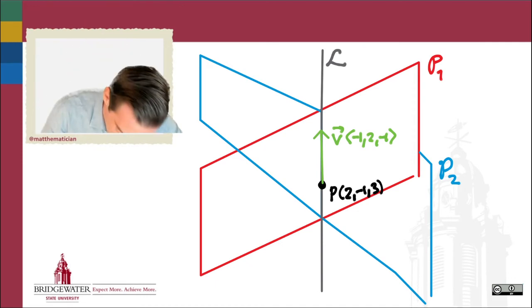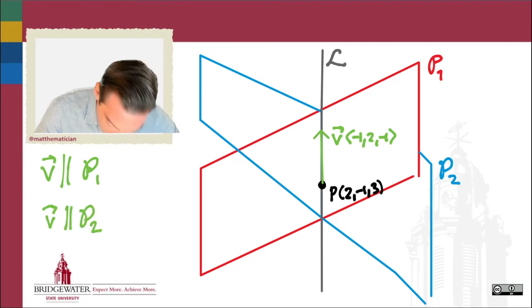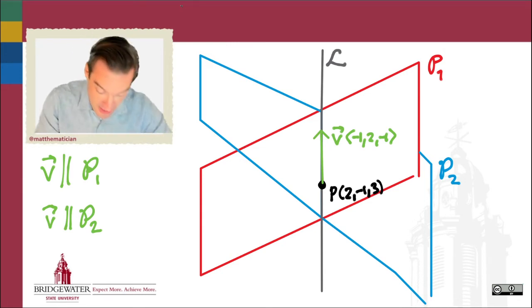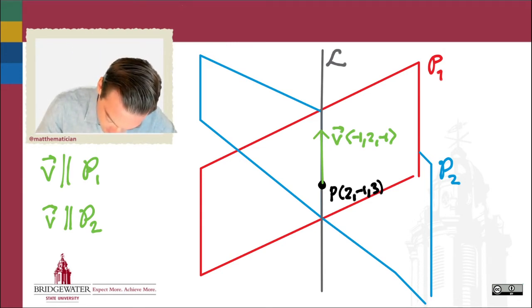This V is parallel to plane number 1, and V is also parallel to plane number 2. But being parallel to a plane means being perpendicular to what? Perpendicular to your normal.